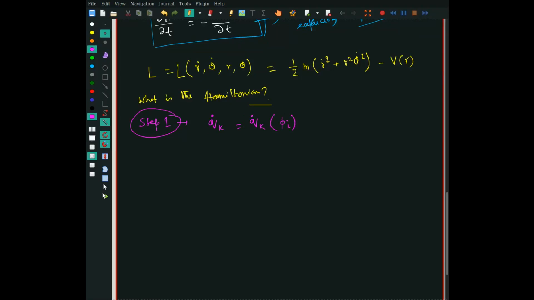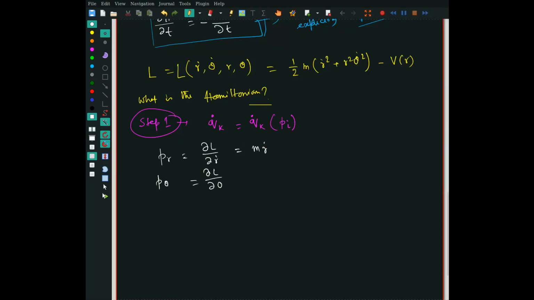For that, you need to find the generalized momentum. So the first generalized momentum, let's say pr, is given by del L del r dot. That comes out to be m r dot. Okay, and p theta would be del L del theta dot, and that is given by m r square theta dot. Okay, so in general you have n such equations, right?